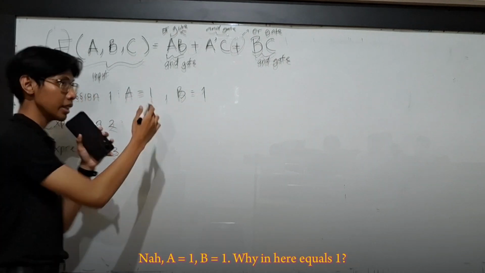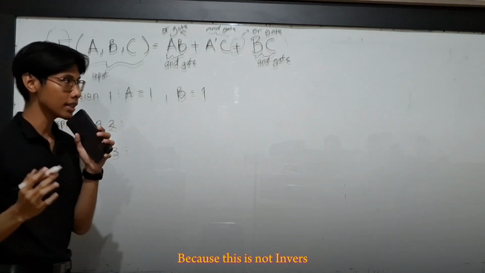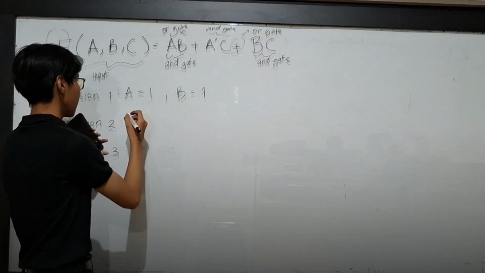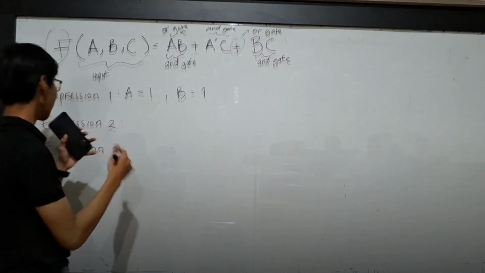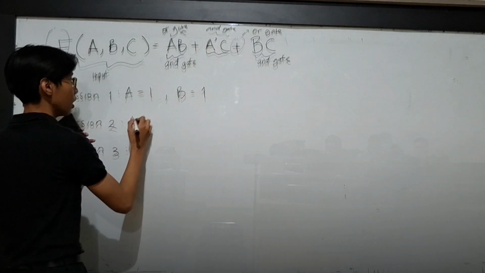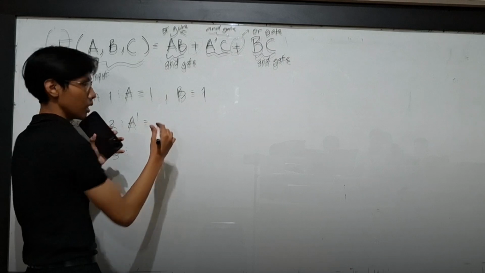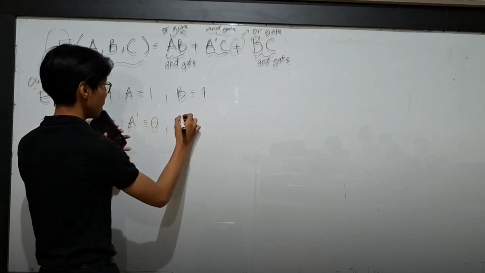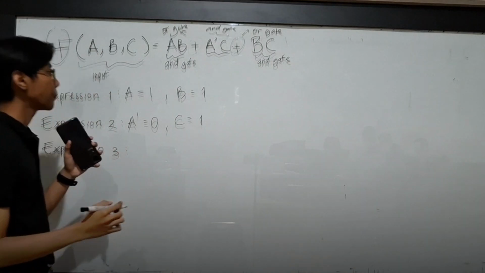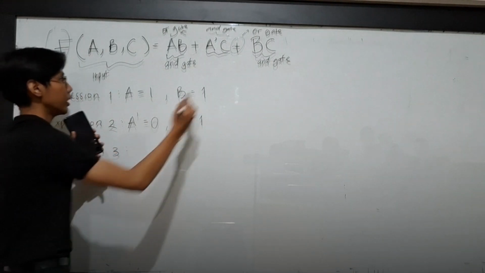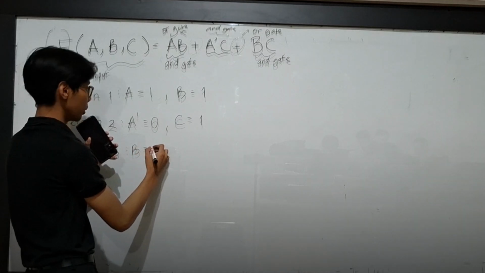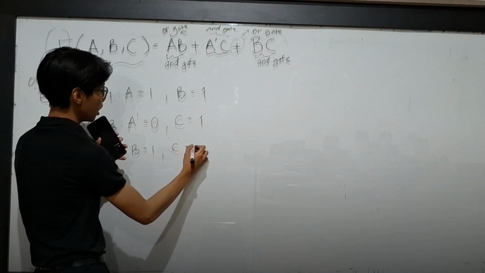Why equals 1 here? Because this is not inverse. Okay, expression 2: A inverse equals 0 and C equals 1. Okay, expression 3: B equals 1 and C equals 1.